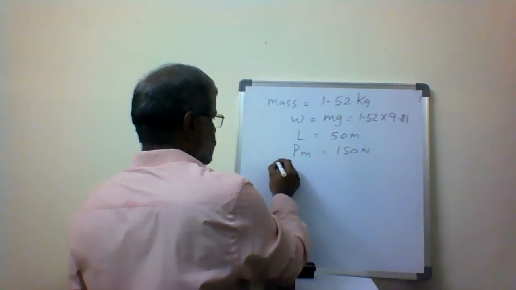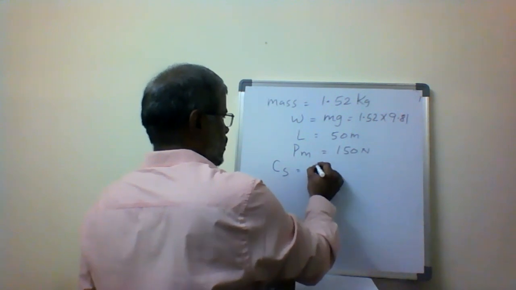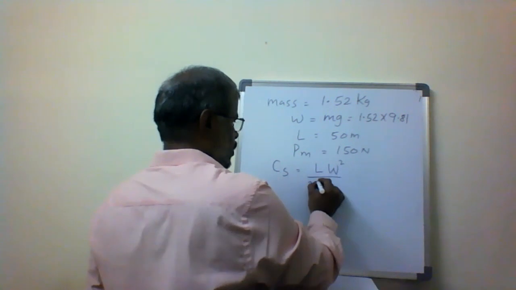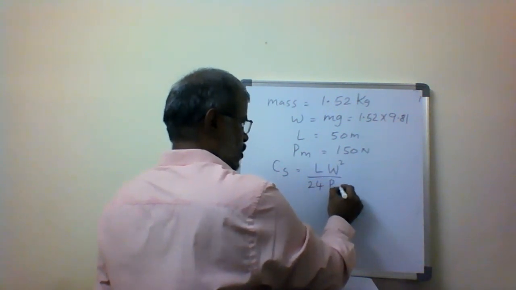Now Cs, the correction for sag, is L W square by 24 Pm square.